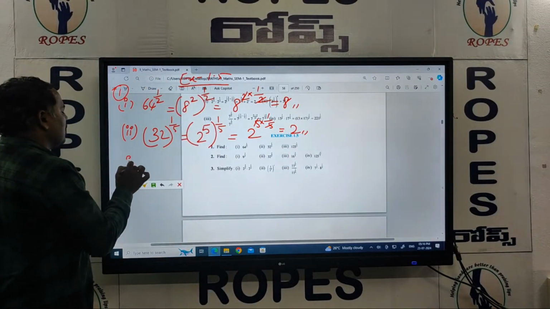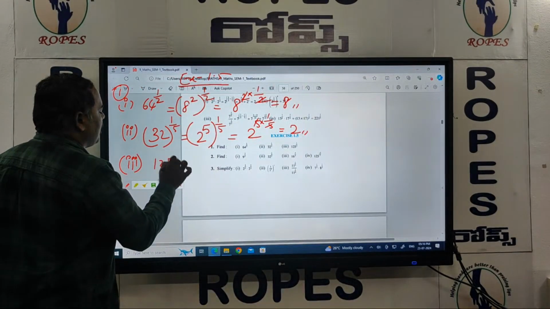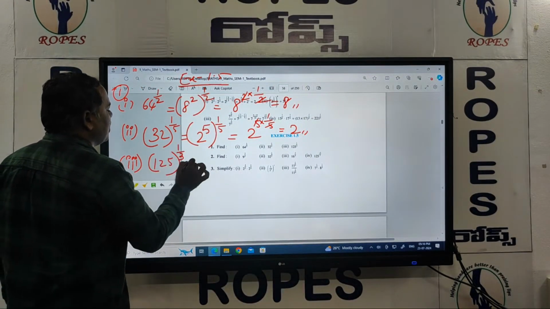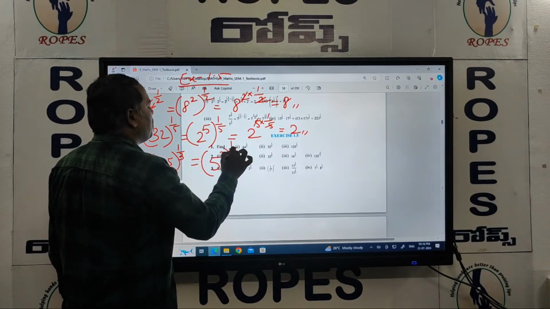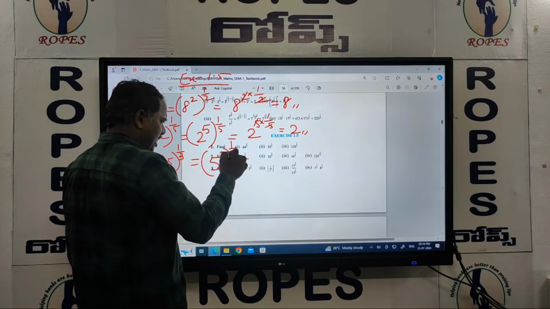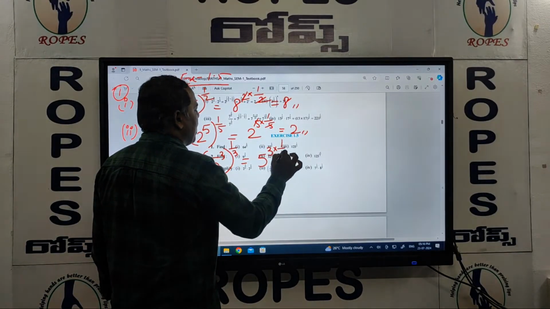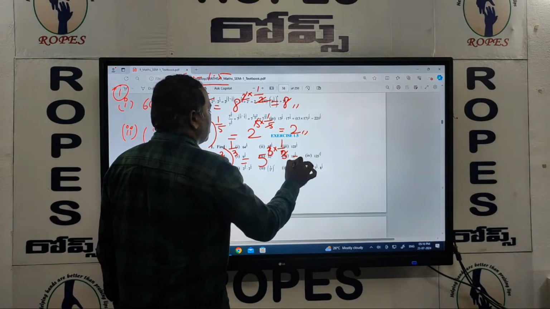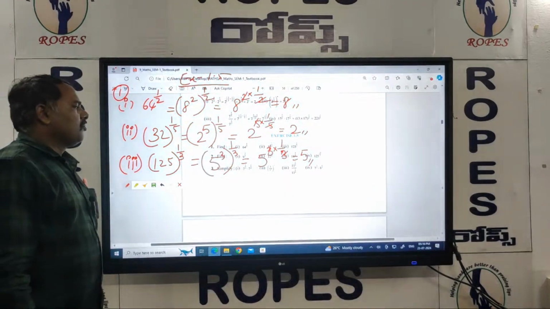Next, third one. 125 power 1 by 3 is given. 125 we can write as 5 cube, 5 cube whole power 1 by 3. a power m whole power n is equal to a power m into n. The 3 gets cancelled. The answer is 5.